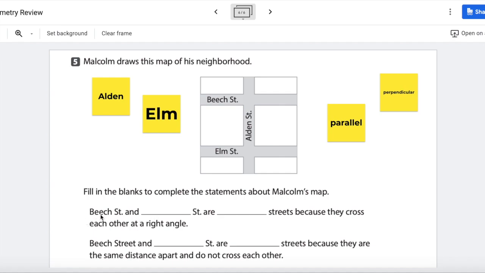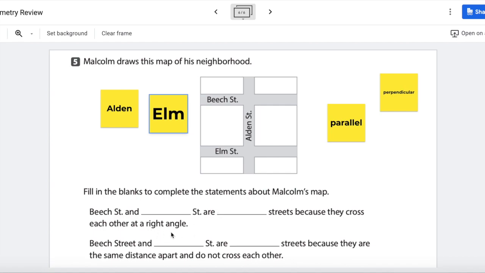First one, Beach Street and blank street, so you'll need to choose a name, are parallel or perpendicular, because they cross each other at a right angle. So you'll need to think about which of these vocabulary words means crossing at a right angle, and put that one in the blank. And then tell which one of these is perpendicular or parallel, whichever word it is, to Beach Street.